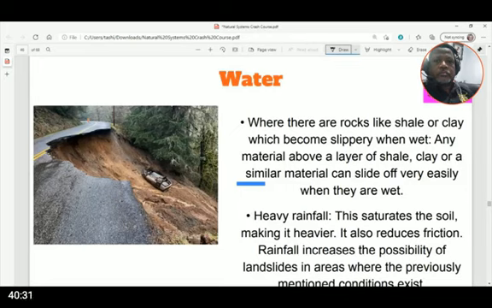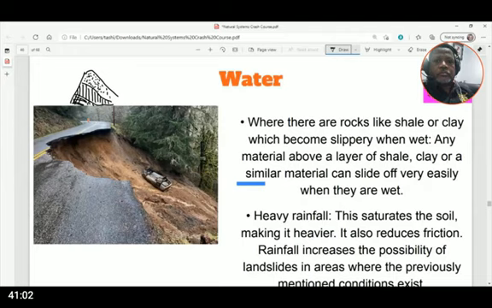So if we have a layer of, say this is my slope, right? This is my slope, and these are my rock materials underneath. So this is just soil at the top there. Then this is my clay layer, and then I have some other material down here, right?